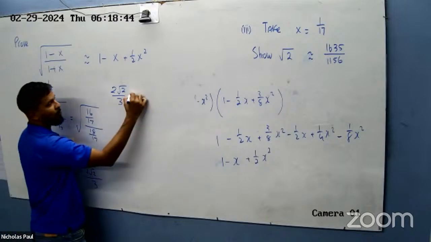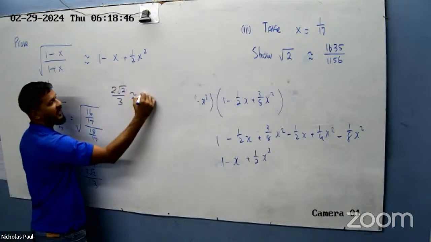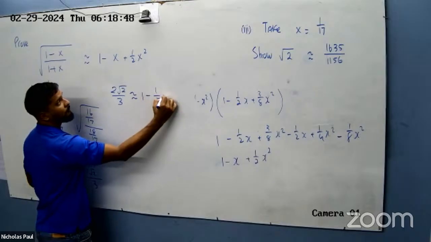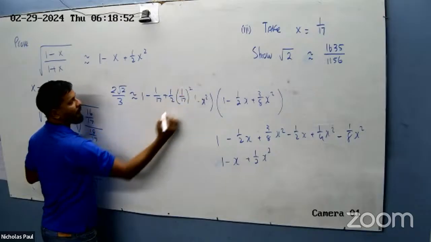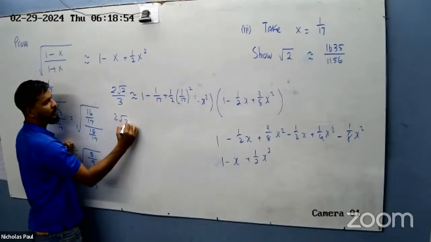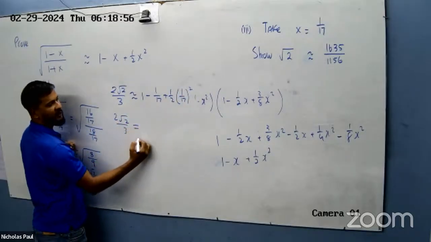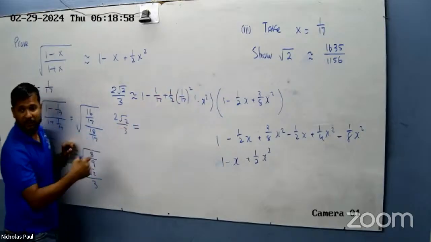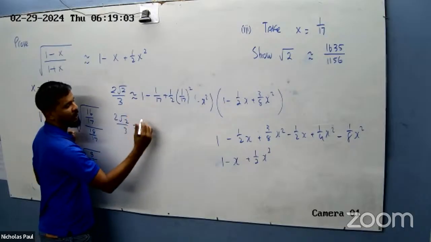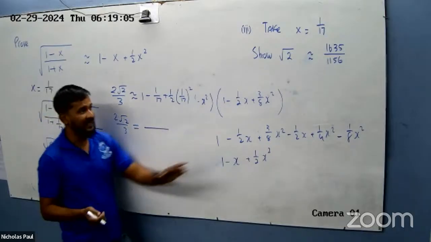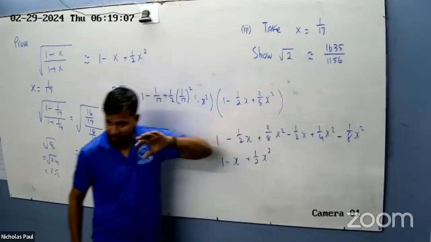And that is approximately equal to putting the same thing here. So 2 root 2 on 3 is approximately equal to this exact value, as a fraction. Because our answer is a fraction, we want to give it back as a fraction.